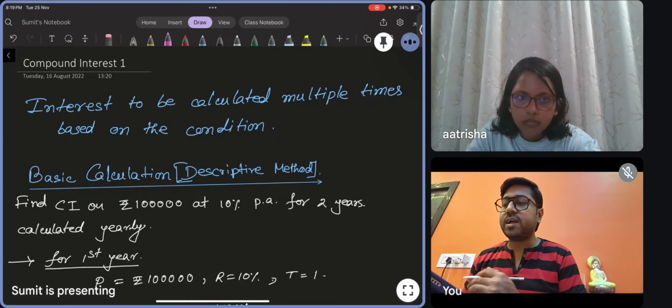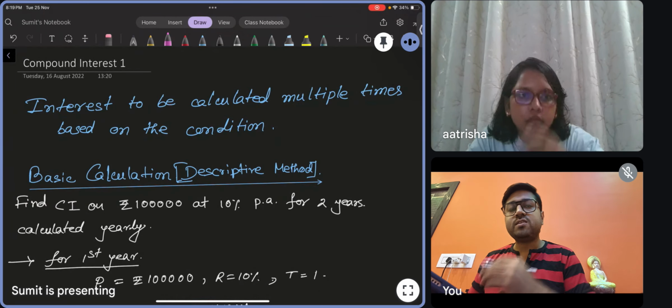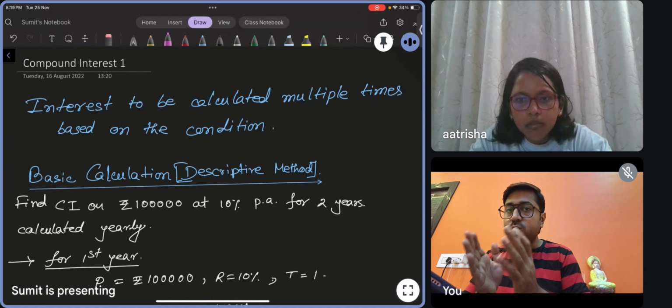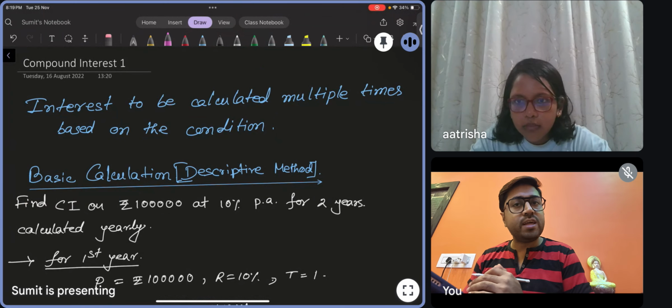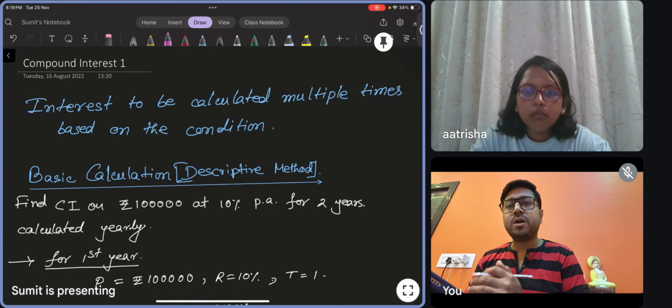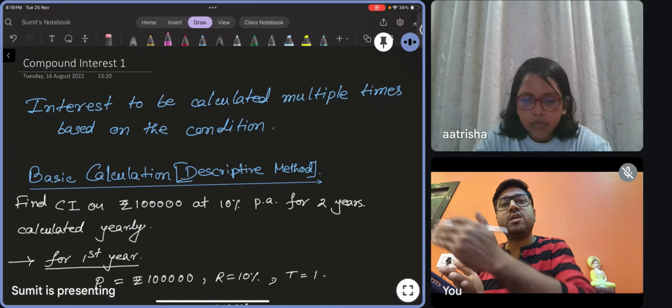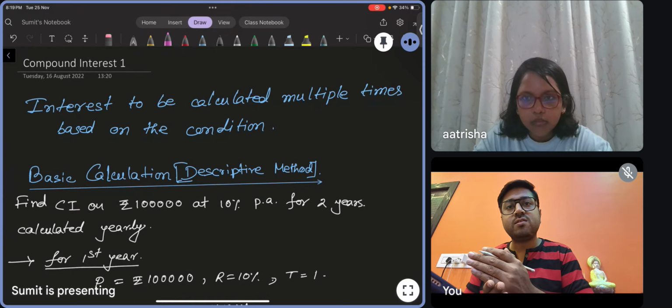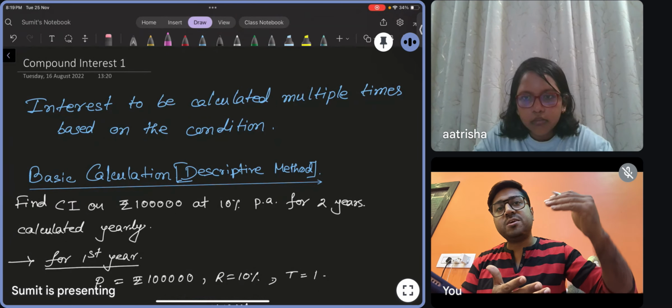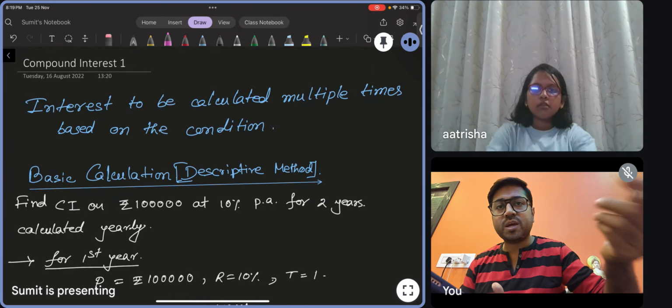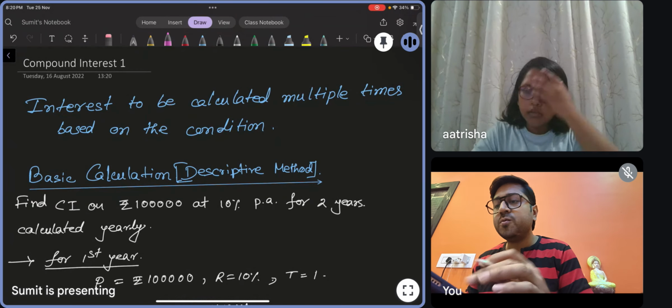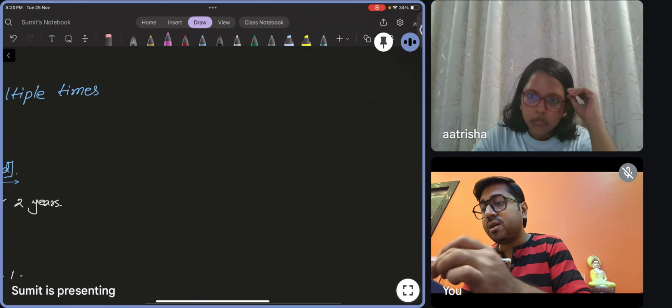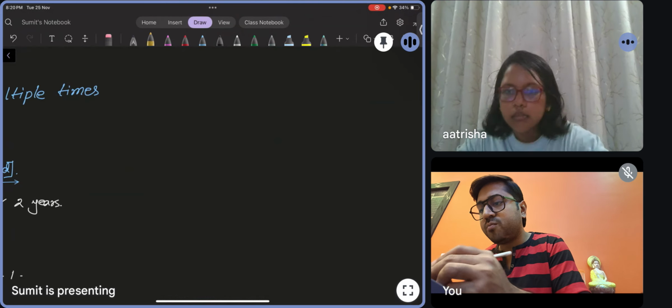Compound interest says this, that since you will not pay any amount in 2 years, you have to pay your interest every year. Otherwise, you will pay interest on interest. I am giving you an example. How much have you taken as a loan from me?